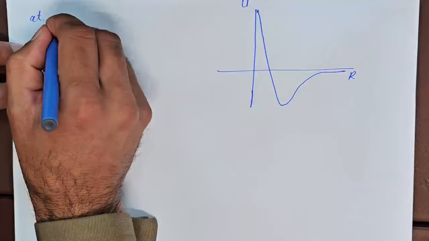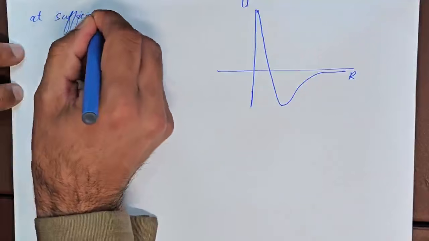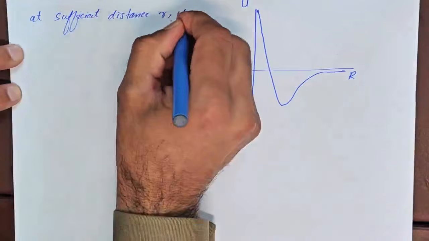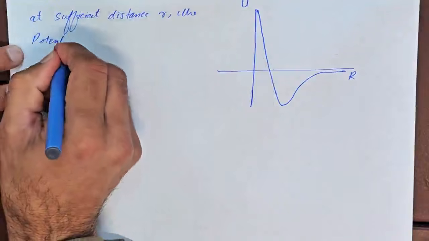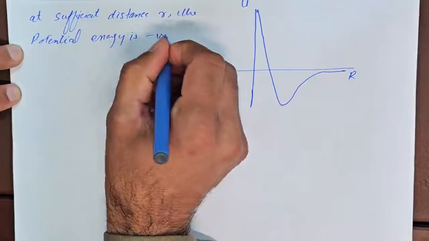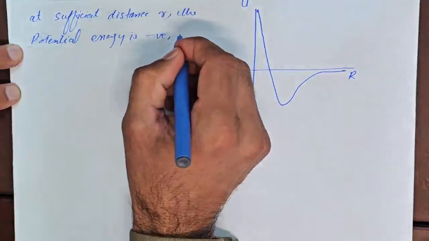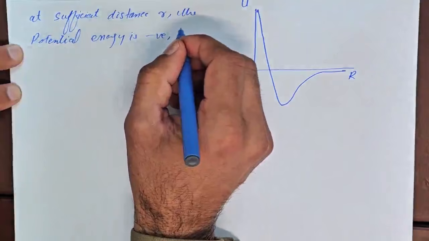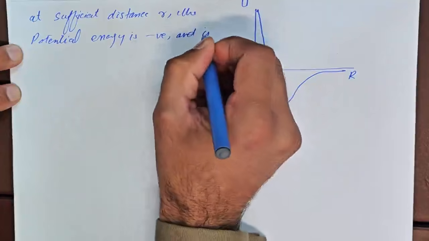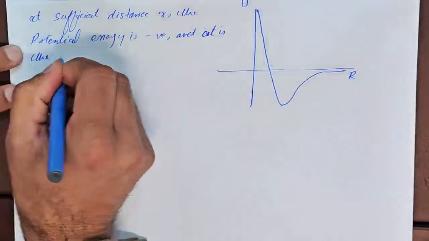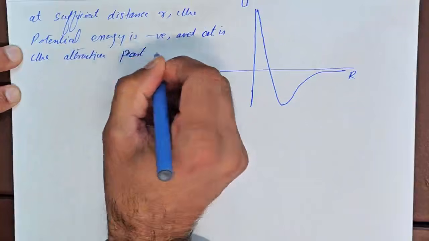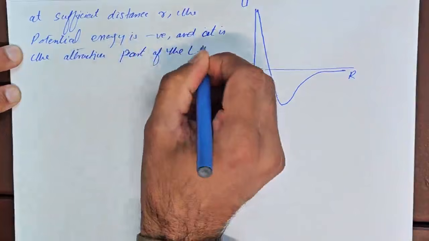At sufficient distance r, the potential energy is negative, and it is the attractive part of the LJ potential.